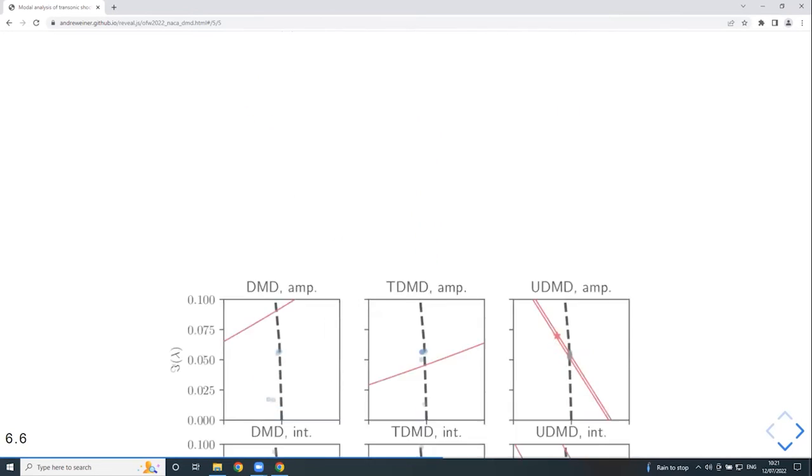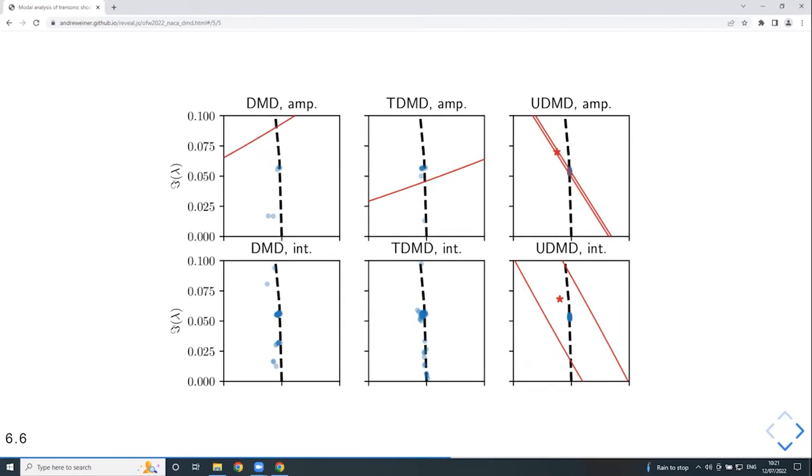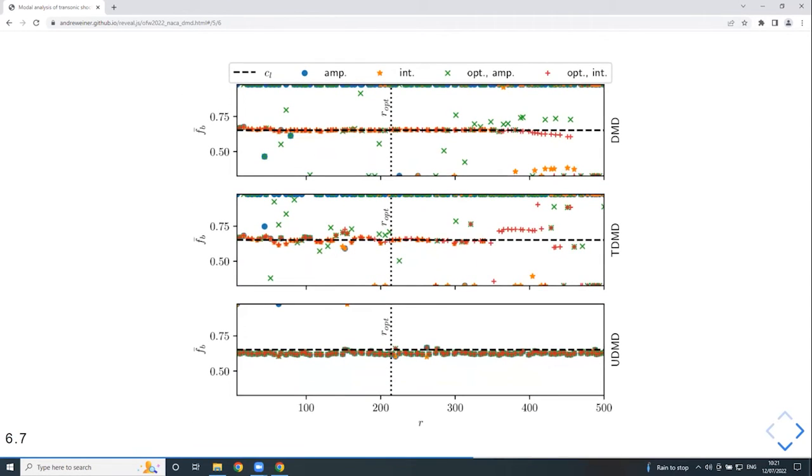My question there was, okay, if these problematic eigenvalues occur at very high ranks or at very low ranks, then that's still something I can deal with, because then I can just say, okay, select the rank somewhere in the middle.